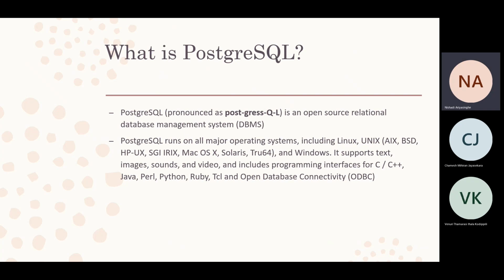So in any operating system, including Linux, Unix, Windows, you can use PostgreSQL. It supports text, images, sounds, video, and includes programming interfaces also for C and C++, Java, Perl, Python, and those kinds of programming languages, right? So using these programming languages, you can access PostgreSQL as well, right?